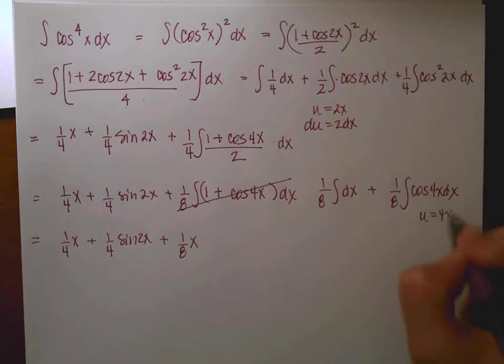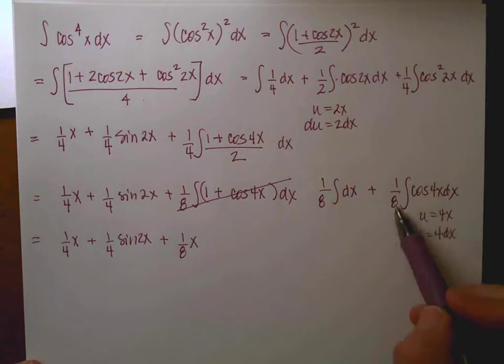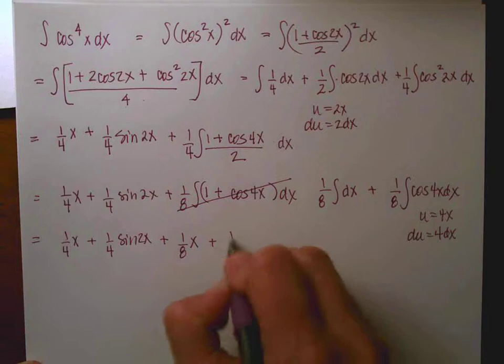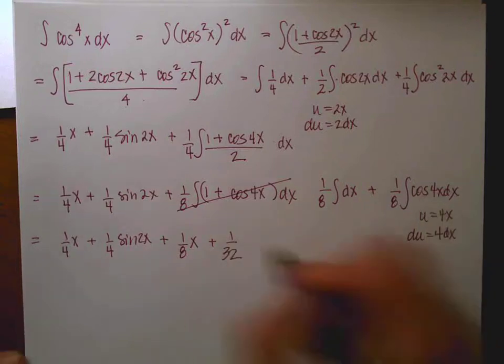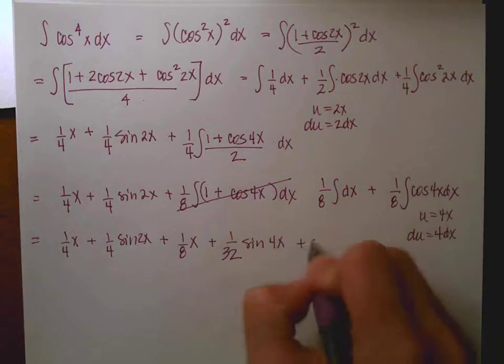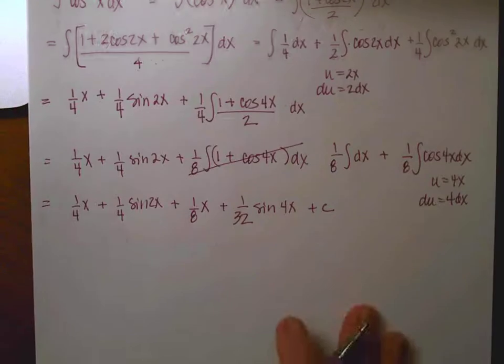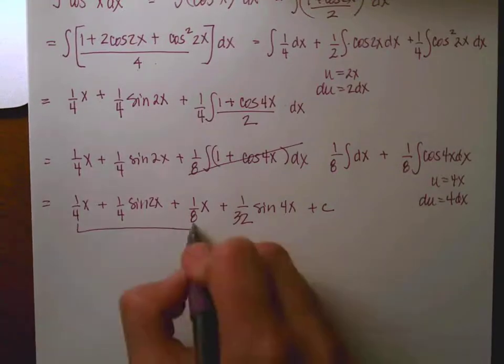This guy is easy. He's 1/8 x. And then for this one, my u is 4x, my du is 4 dx. I need a 4 on the inside, so I put a 1/4 on the outside. So then plus 1/32, the integral of cosine is the sine of u, sine of 4x, plus c.